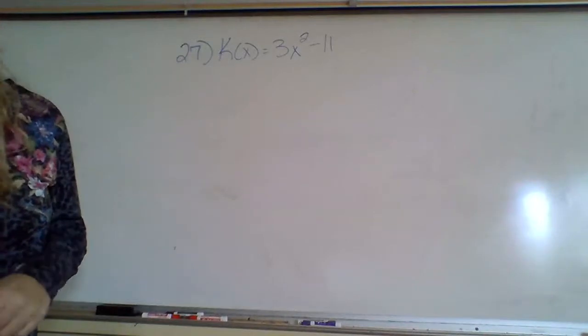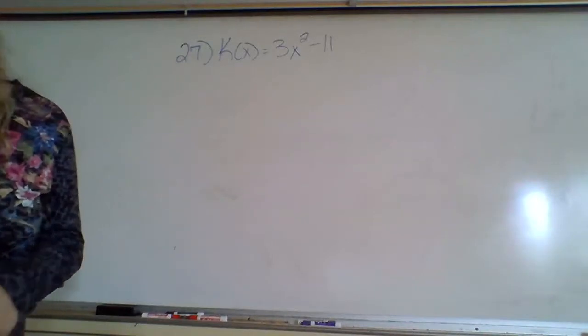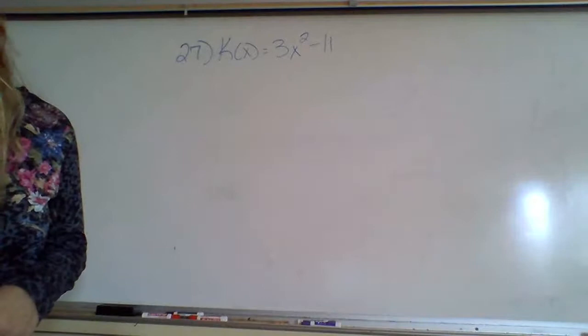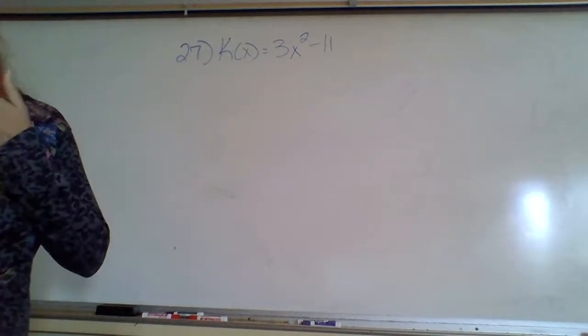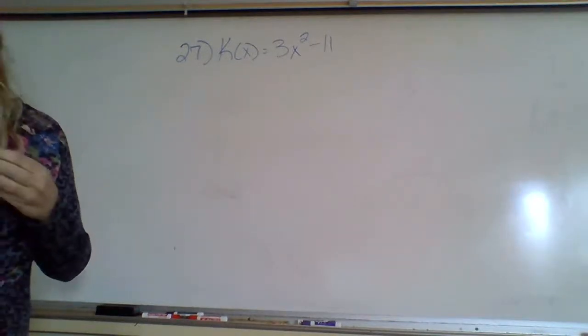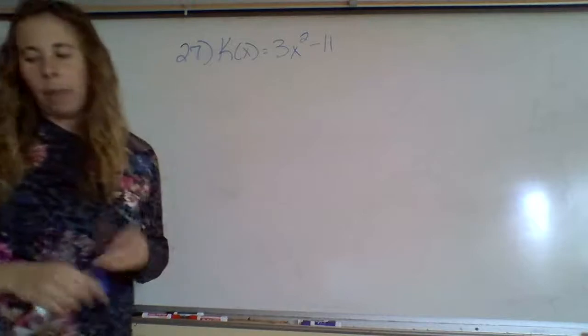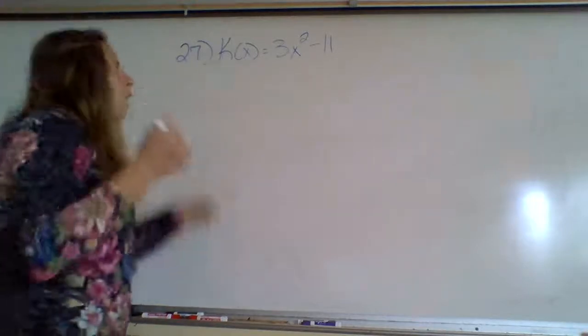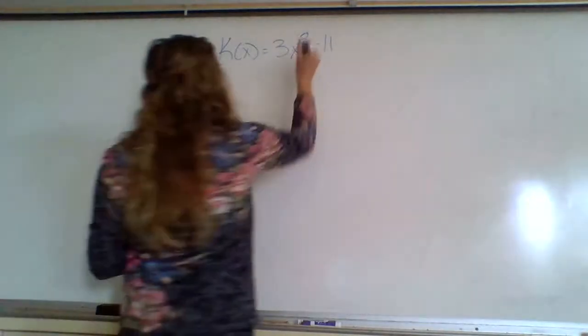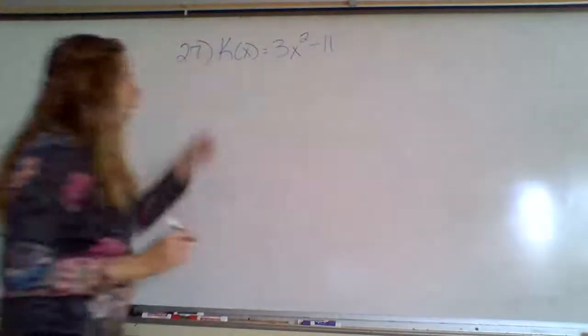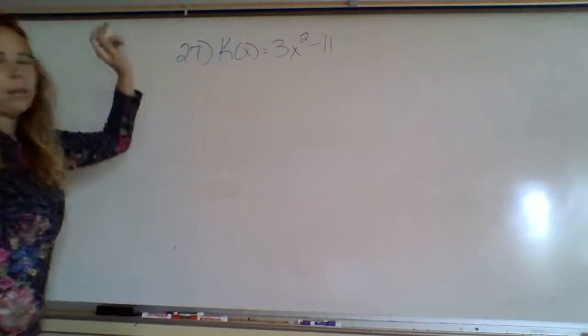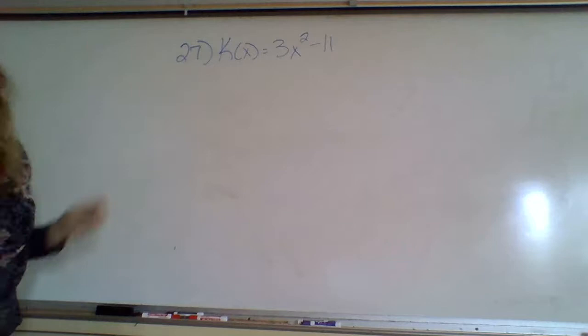For instance, number 19, you can factor to find the x-intercepts. I'll do 27, and then I'll go back to one that you can actually factor. You cannot factor this one. You have to use the quadratic formula.